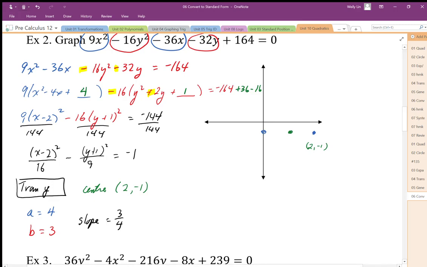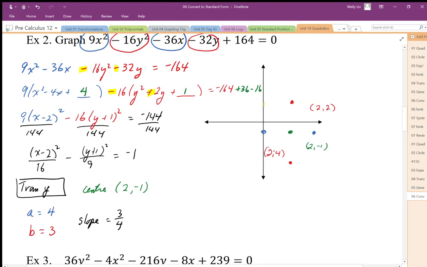My y-axis is going to be 3, so that point is going to be 2 over 2 up. Okay, there's going to be another point down here. This is going to be 2 over, and that's going to be 4 down, so negative 4. Okay, so those are the vertices.